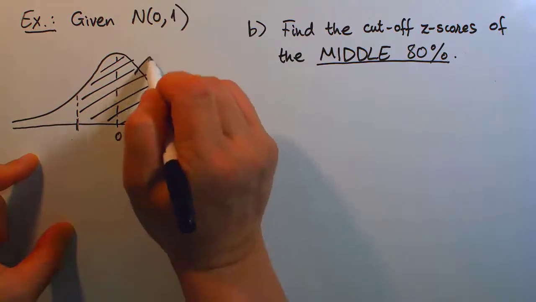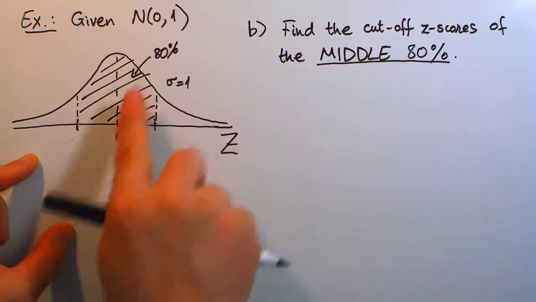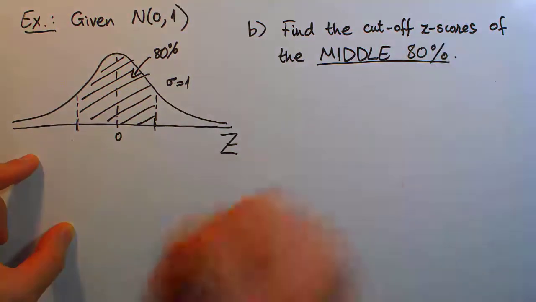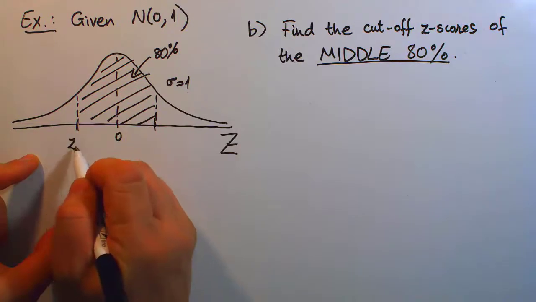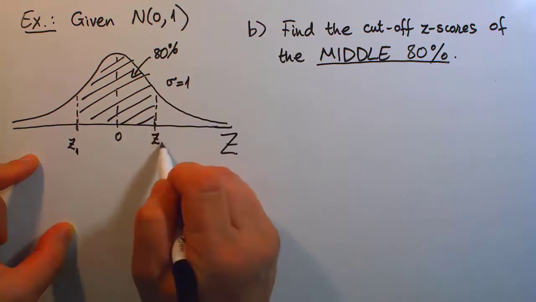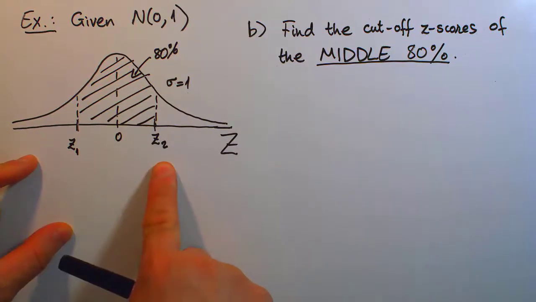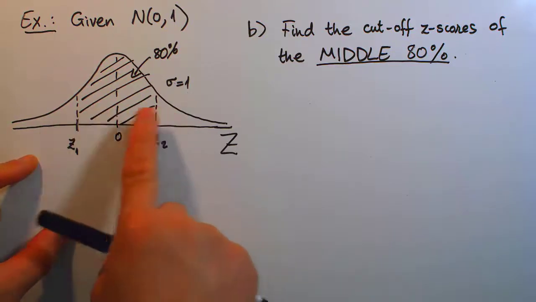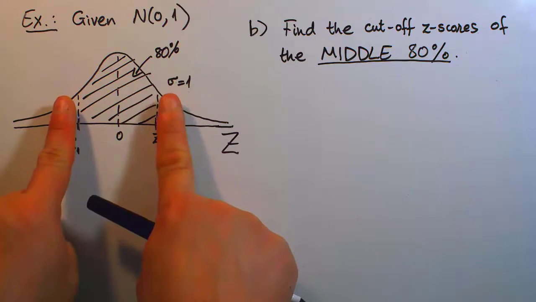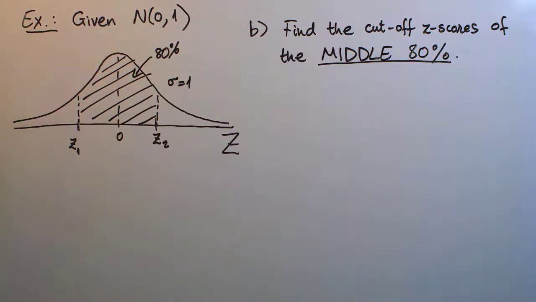We can't make it precisely 80, but just label it 80%. So what we're looking for here is two z-scores, and in this problem I'm going to call them z1 and z2. The low z-score is z1, the high z-score is z2. These two z-scores define, or trap, my middle area inside, and that middle area is given to be 80%.